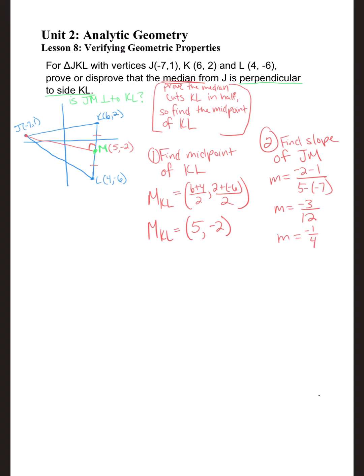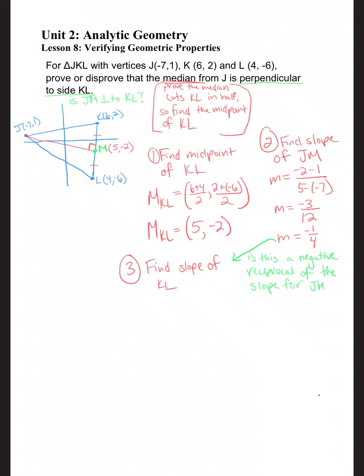So step 3, we now need to figure out, okay, if my slope of JM is a negative 1/4, what's my slope of KL? All right, and when we're doing this, we have to think about, is the slope of KL going to be a negative reciprocal of the slope for JM?